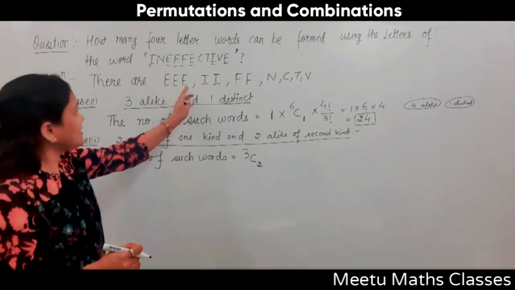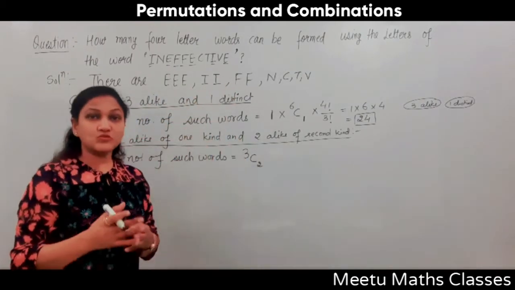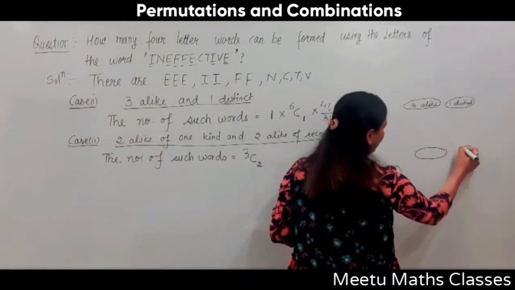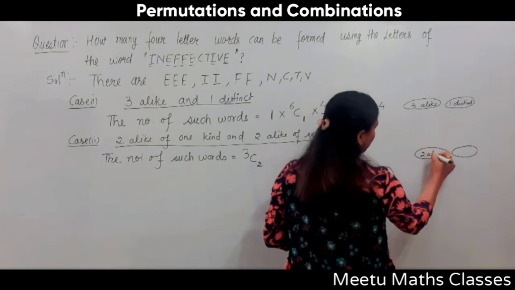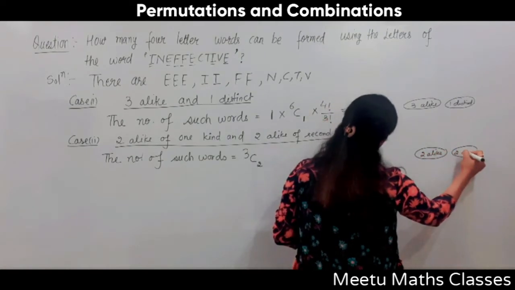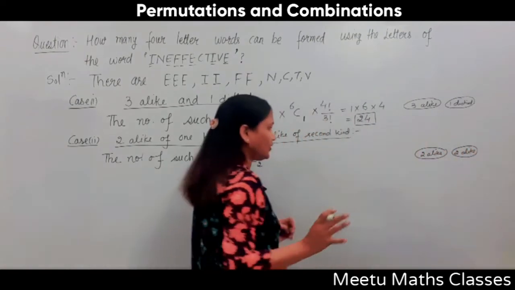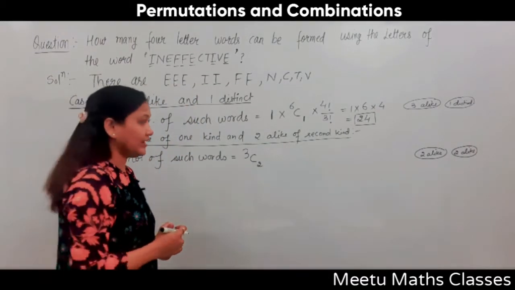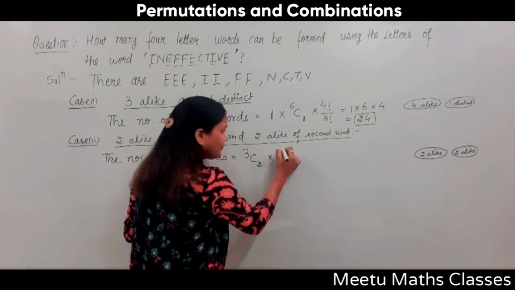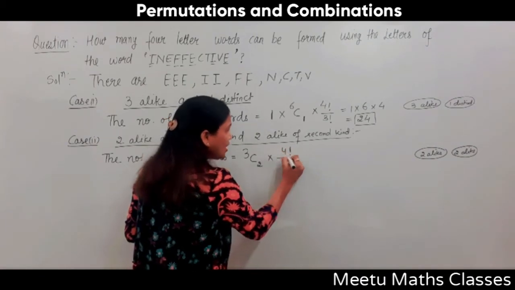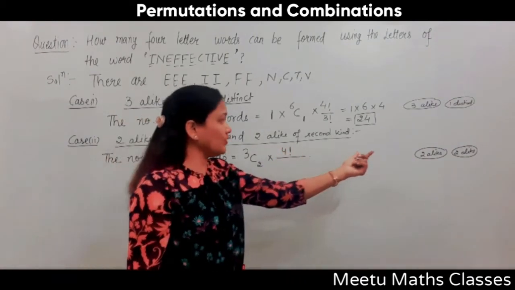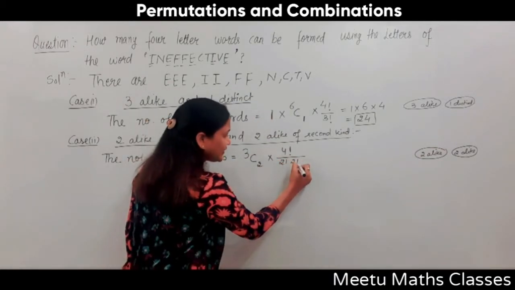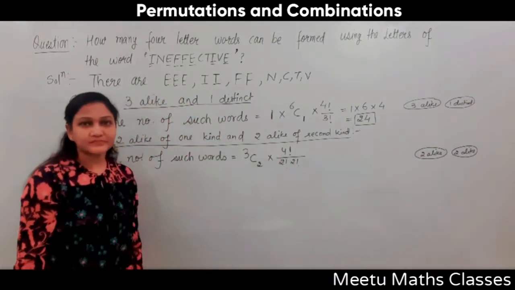So when you have chosen 2 pairs out of 3 pairs of alike letters, there are two alike letters and two alike letters. You have selected four letters. Now we are going to arrange these four letters, and it can be done in 4 factorial ways. But in these four letters, 2 are alike and 2 are alike, so we divide by 2 factorial and 2 factorial.